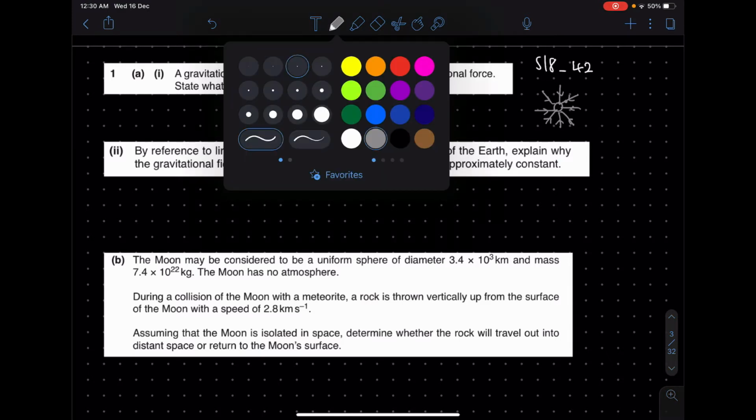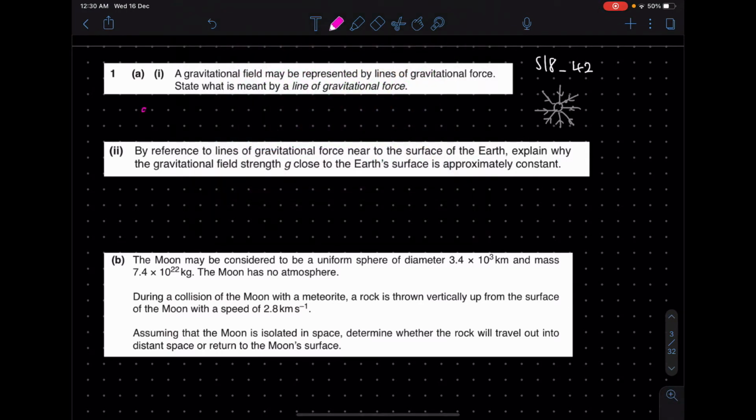So the answer would be something along the lines of a line of force in which a test mass would be moved, or an acceleration will be applied, or a force will be applied on it. I think it should be in which a test mass would have a force applied on it.